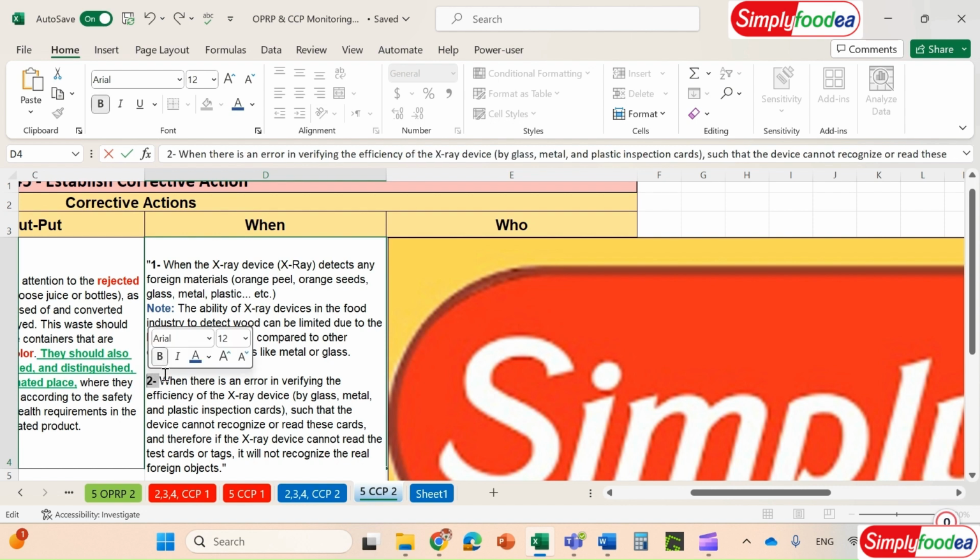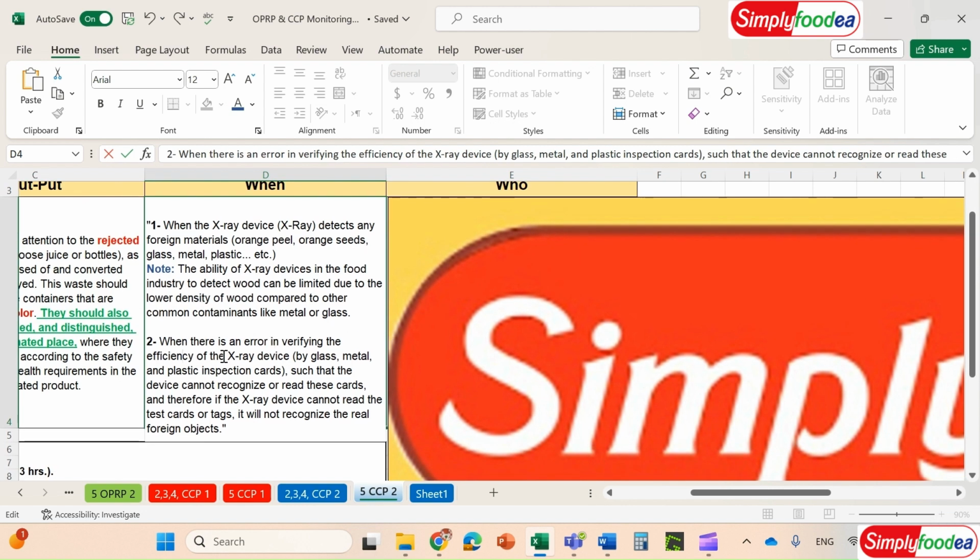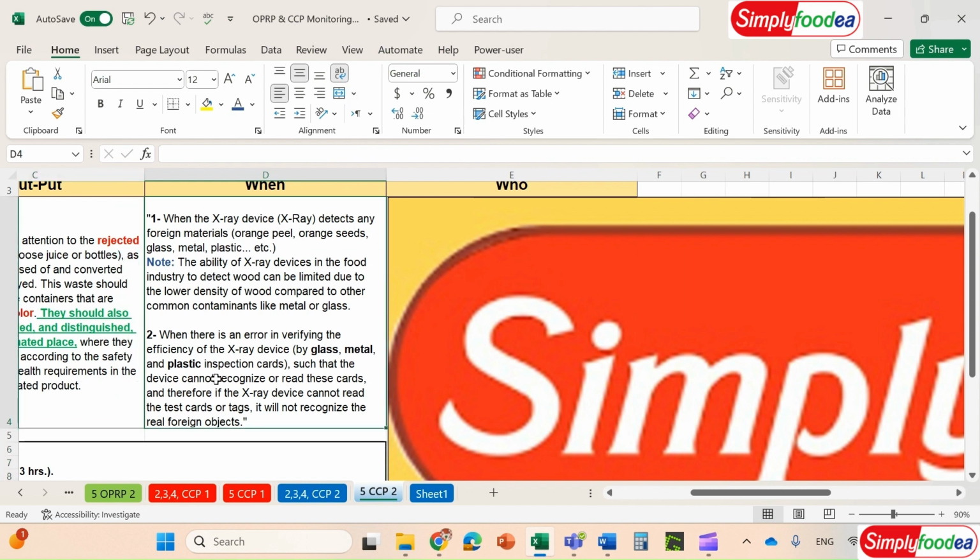Okay. The second thing is an error in verifying the efficiency of the X-ray device itself by glass, metal, and plastic inspection cards. The glass, I will explain it inshallah in more detail. Inspection cards are such that the device control recognizes or reads these cards, and therefore if the X-ray device cannot read the test cards or tags, it will not recognize the real foreign objects. Simple as that. It will not recognize any foreign material and physical hazard in the product itself.